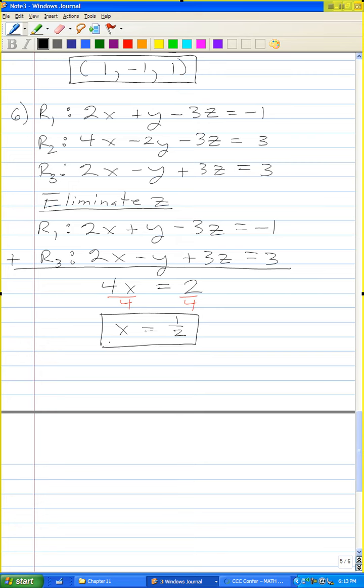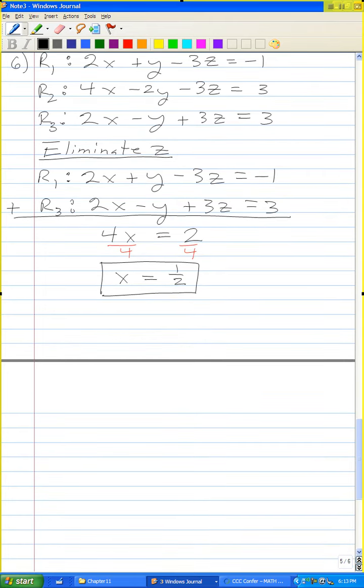X is 1/2. Let me do R2, 4x minus 2y minus 3z equals 3. R3, 2x minus y plus 3z equals 3. Let's add these.